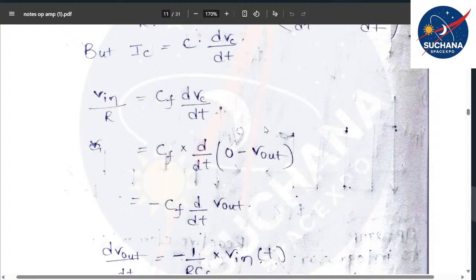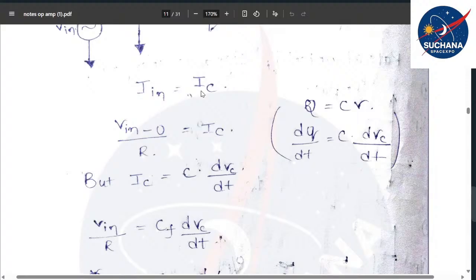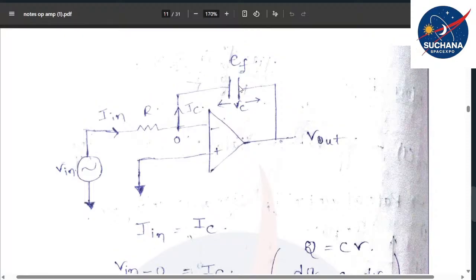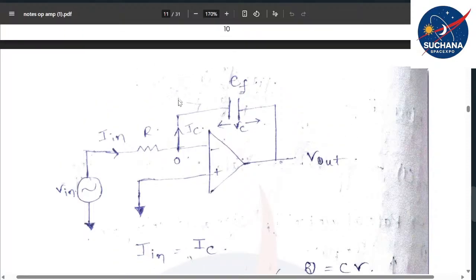Now I'm calculating Vc, which is the potential across the capacitor. What is the potential across the capacitor from the circuit diagram? Can anyone tell me? Here we have 0 volt, because this terminal of the capacitor is connected at this node, and by applying the concept of virtual ground, the voltage at this node is 0.